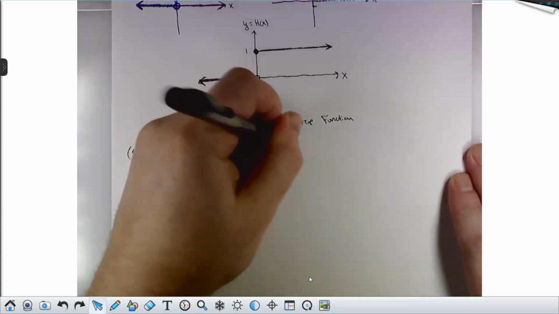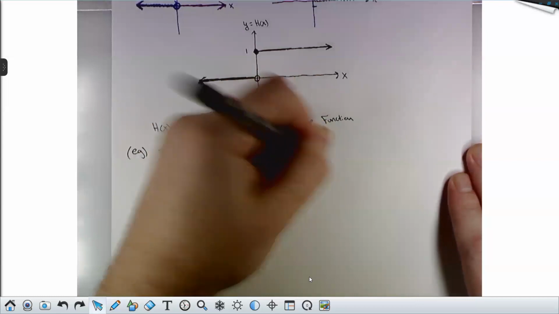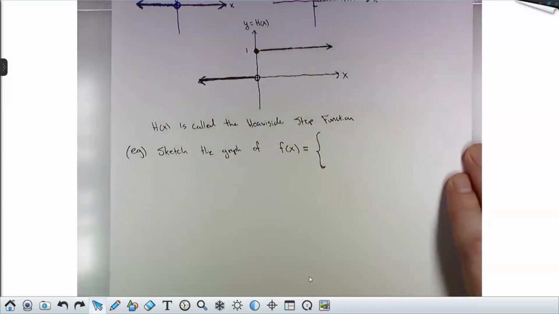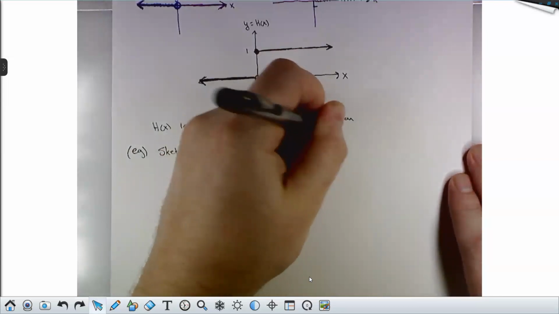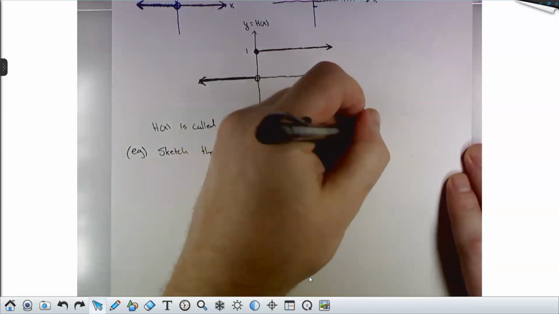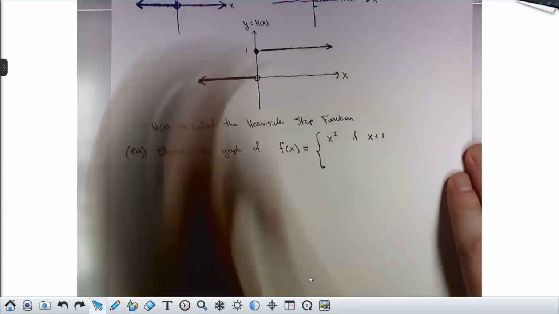This time I am going to assume something about you. I'm going to assume that you remember a few basic graphs from high school or college algebra or wherever. I'm going to define my function piecewise to be x squared if x is less than positive 1.